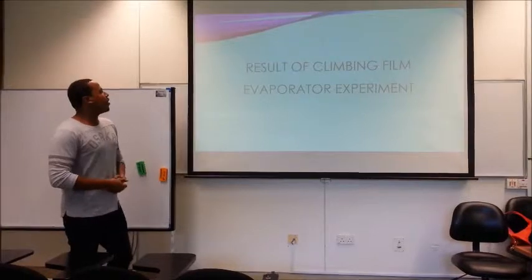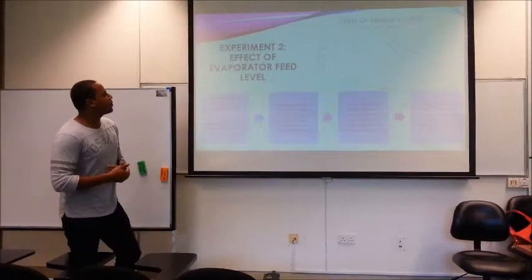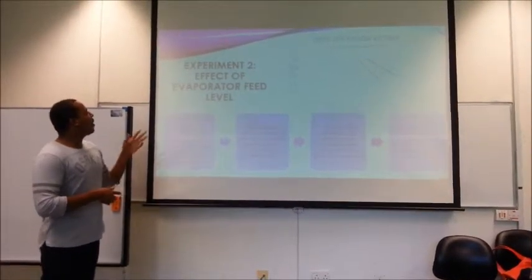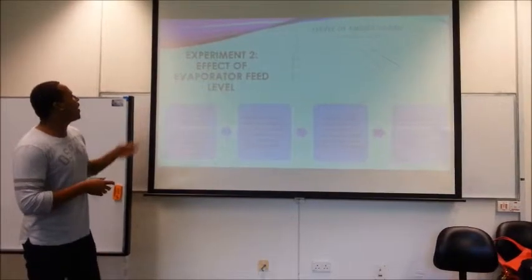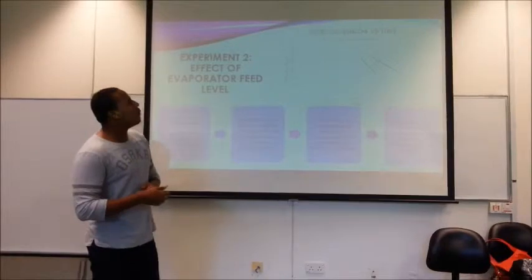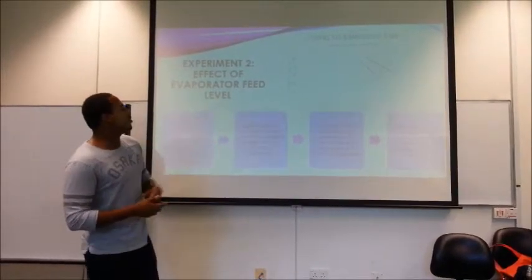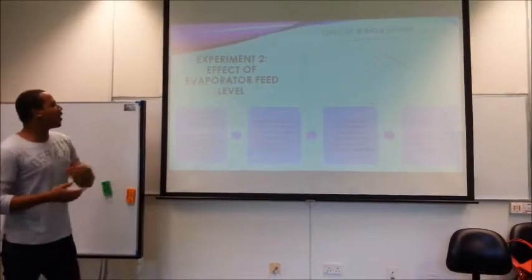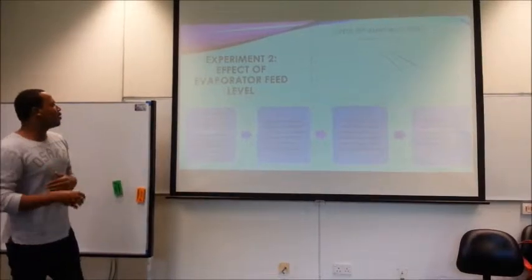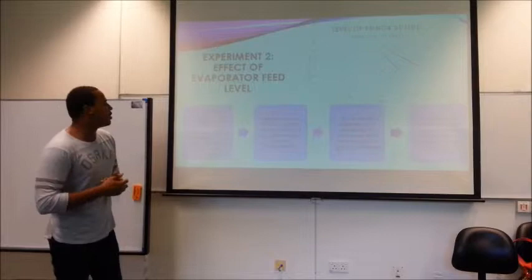So now, here are the results of the climbing film evaporator experiment. In this experiment, we see the effect of evaporator feed level. In this graph, as you can see, we're comparing the level of potassium manganite versus time. As the level in the evaporator increases, the time taken for the substance to form the first bubble increases.